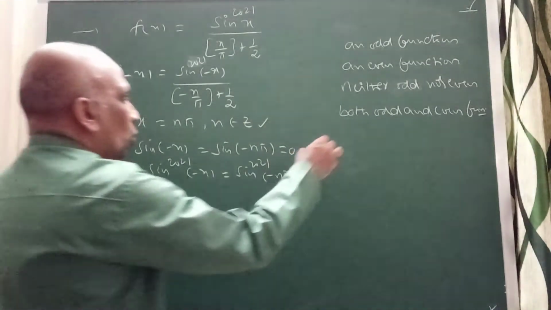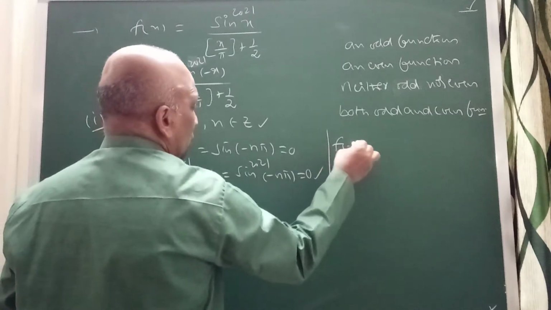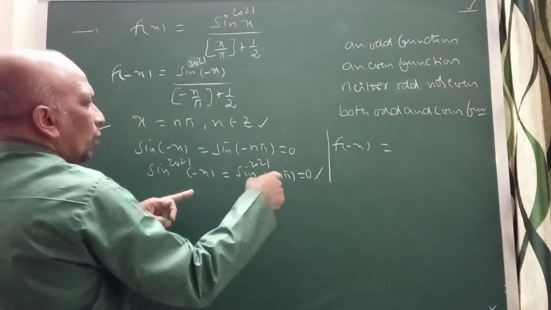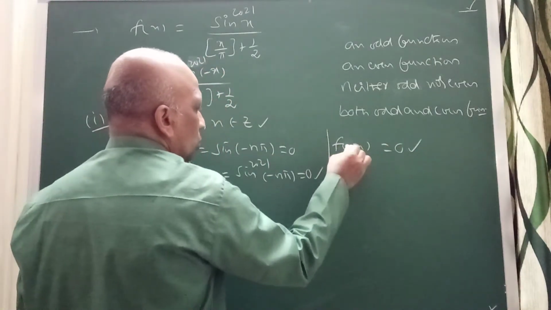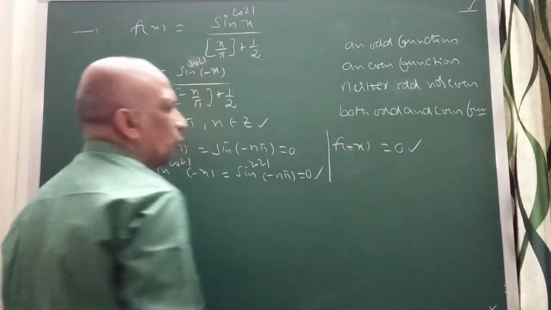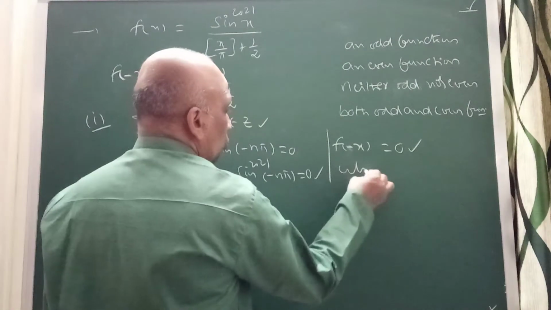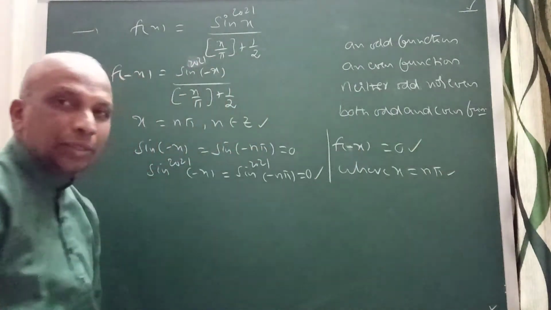When this value is 0, what will f of minus x be? If we replace x with minus n pi, f of minus x equals 0. Understood? We got f of minus x equal to 0 where x equals n pi.